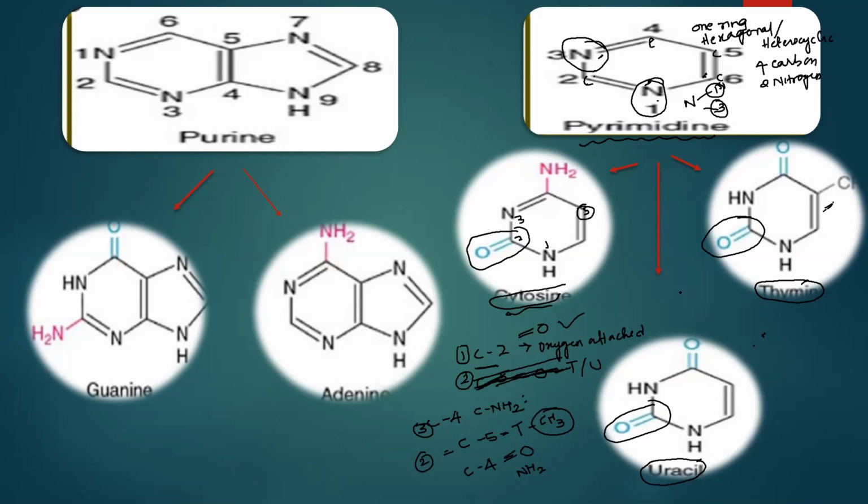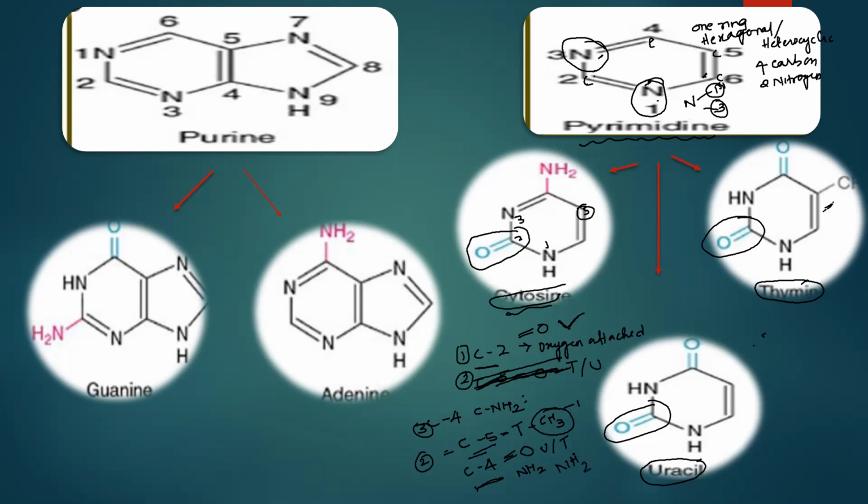So cytosine, thymine, and uracil, the common thing is at the carbon 2 position you have double bond O, and the difference lies in the C5 carbon and C4. If C5 has CH3, then it is called thymine, and C4 has a double bond in the case of uracil and thymine, whereas cytosine will have NH2.